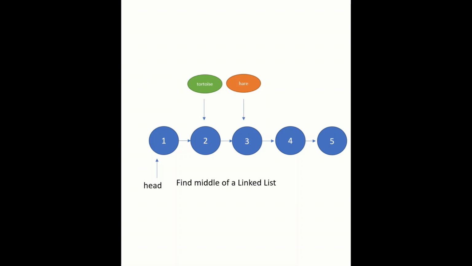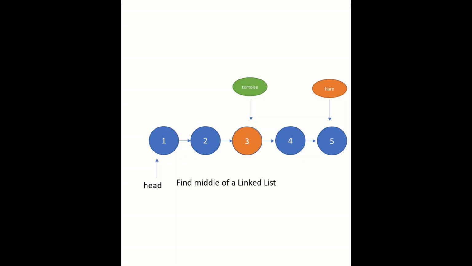We continue the iteration because hare has not yet hit the end of the linked list. In the next iteration, we take the same pace, with tortoise landing at 3 and hare landing at the end of the linked list.